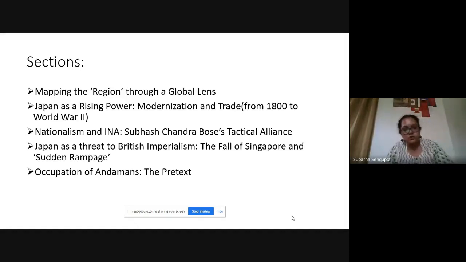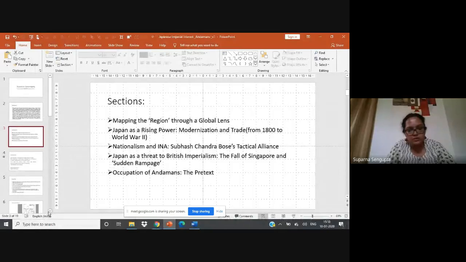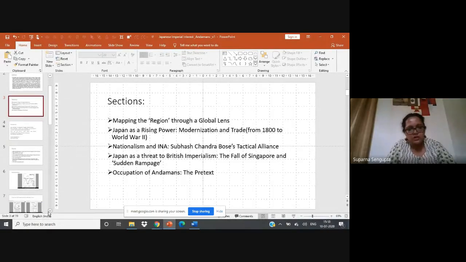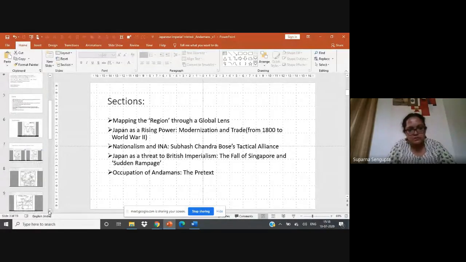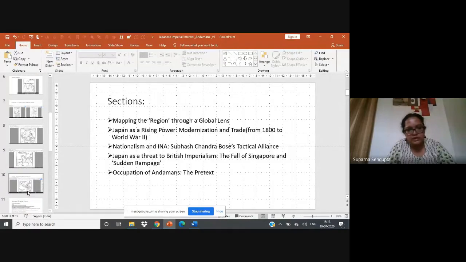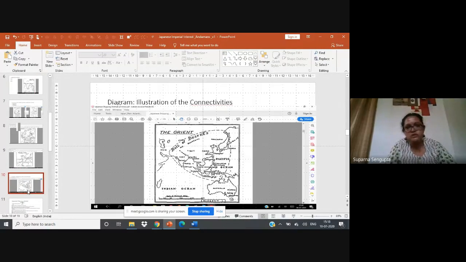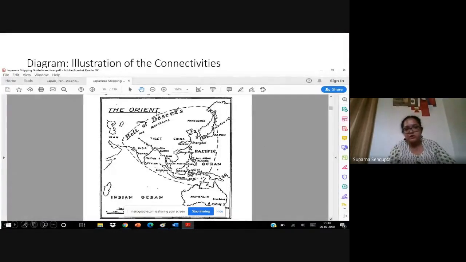I would like to show a map of this region, sourced from the Imperial Shipping Committee's record, which shows very clearly how it was in this triangular form that the maritime interest of Japan lay.